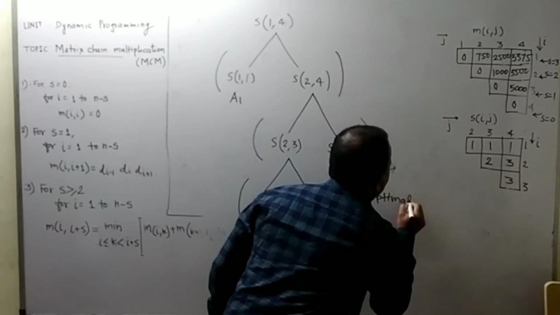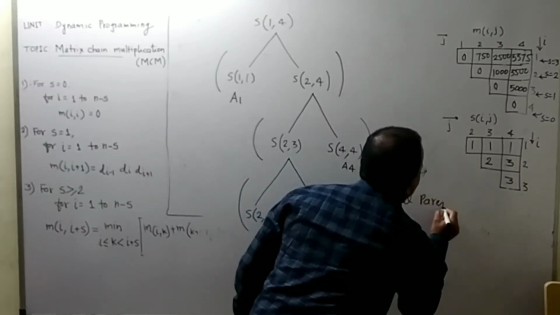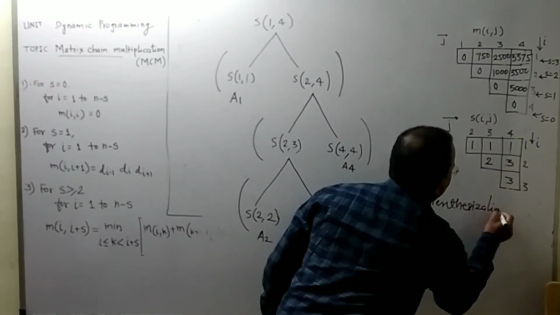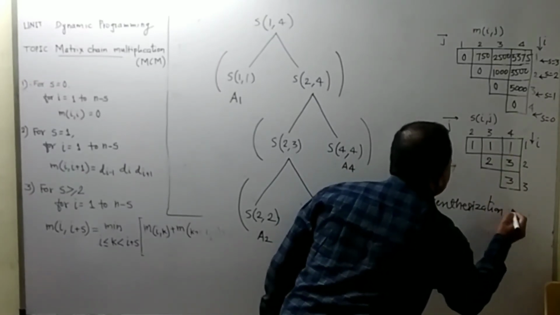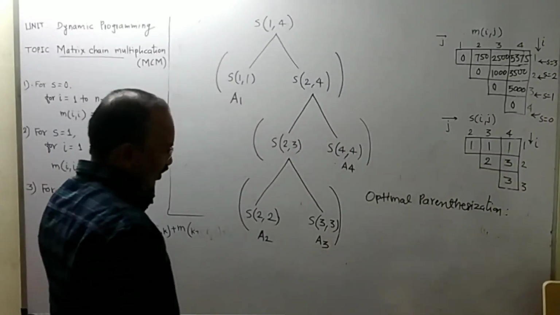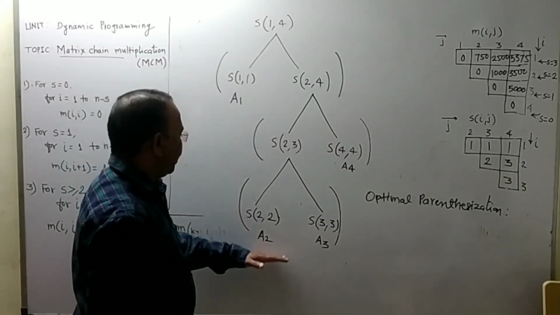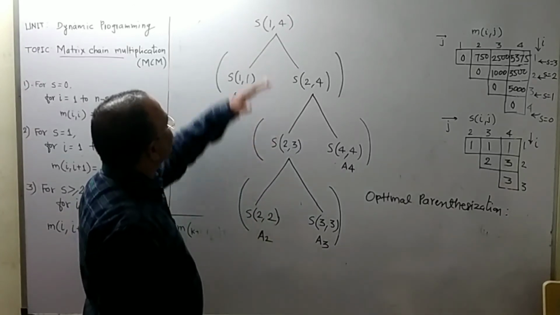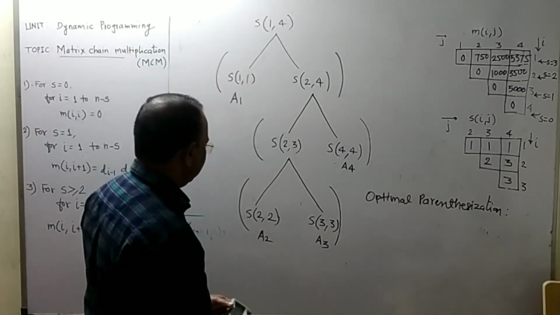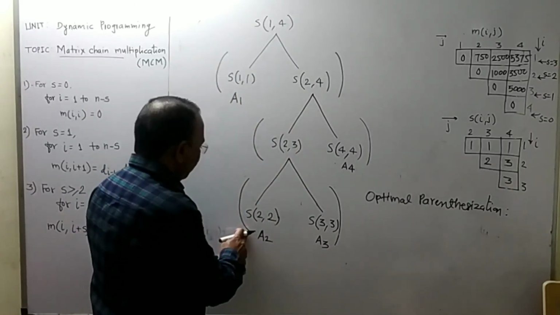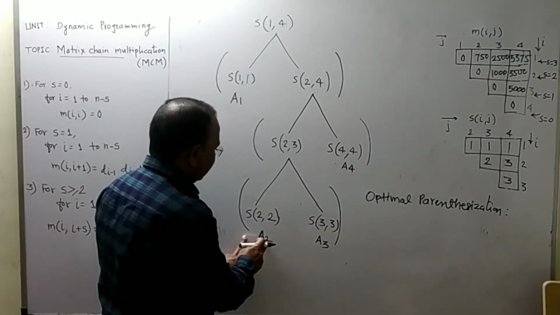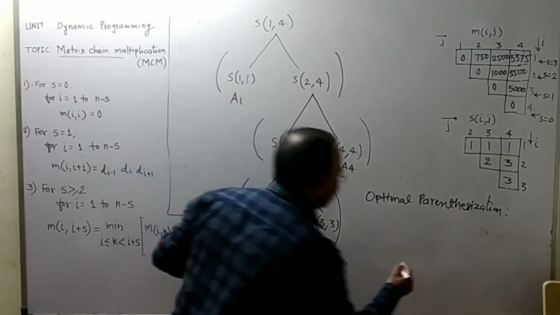Optimal parenthesization is, now start from down to up, means leaf node to the root of the tree. Now here the opening bracket is there. Inside the opening bracket there are two matrices A2, A3.